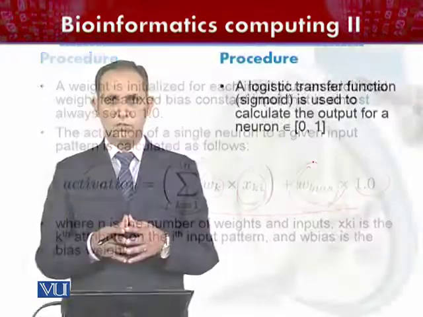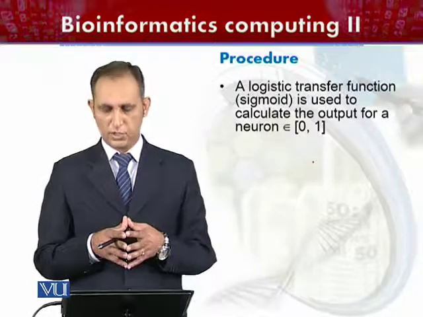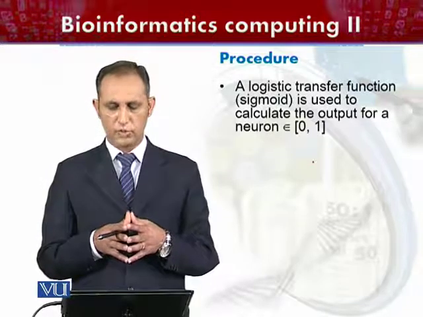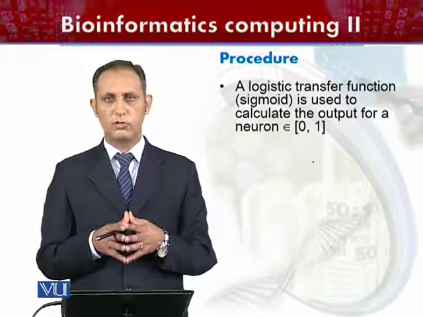A logistic transfer function, usually called the sigmoid function, is used to calculate the output for a neuron.